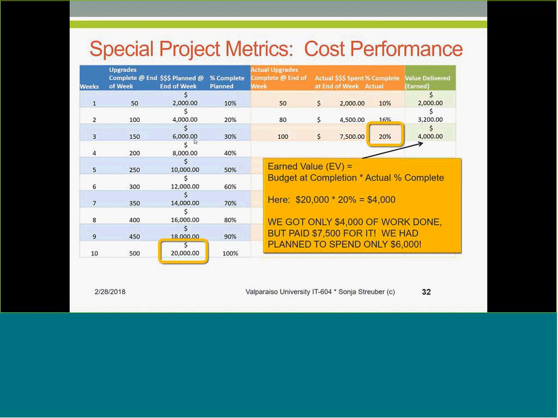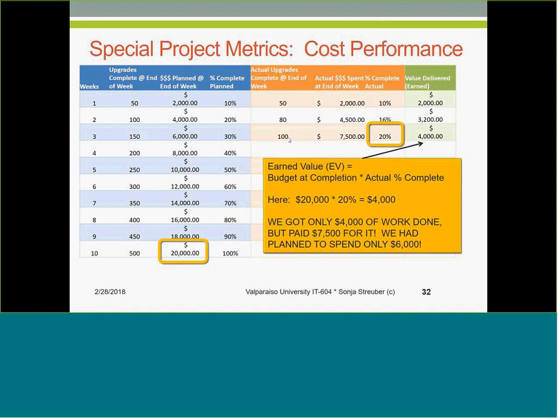Only 50 laptops behind, but we've already spent $1,500 too many. This is what we had planned to spend at the end of the week. The value that we got out of the first 3 weeks was not the planned $6,000. It was only $4,000 because we actually completed only 100 laptops in contrast to 150, right?